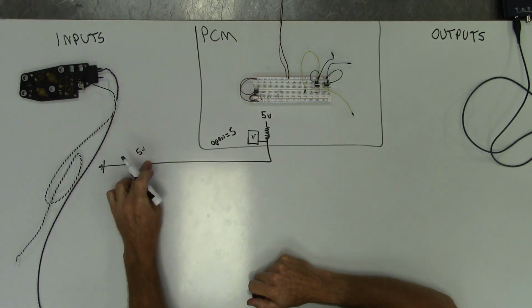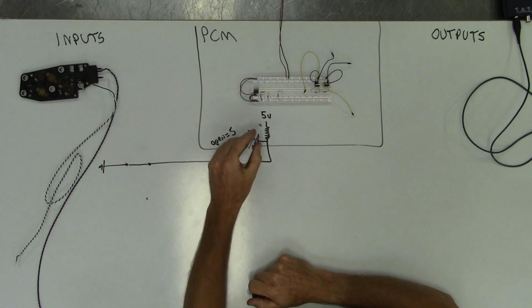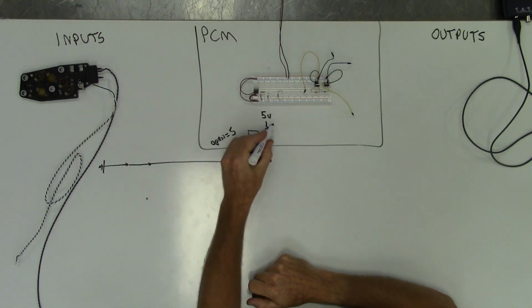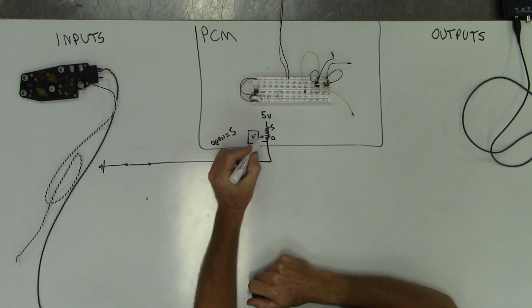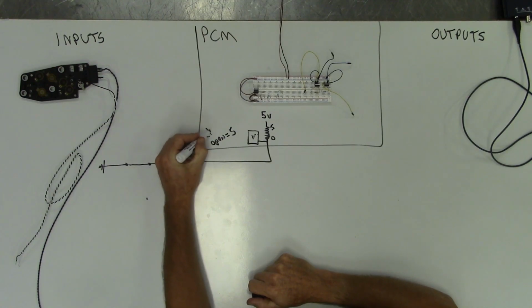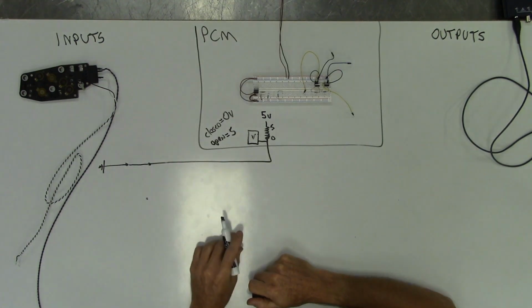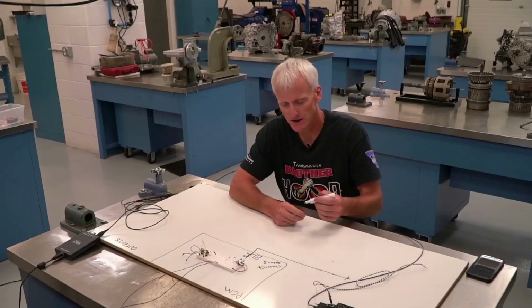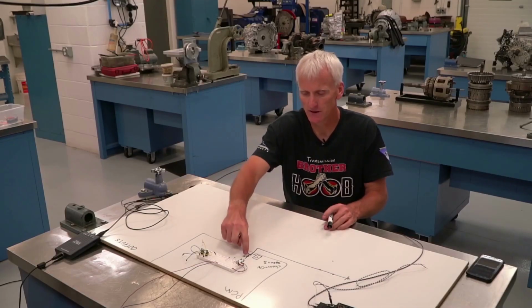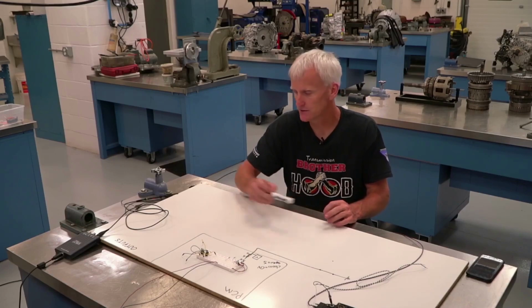Now let's say the switch closes. I've got a path to ground now, so the resistor is going to drop all the voltage. It's going to go from 5 to 0, so closed equals 0 volts. And it's all done through that switch. So the switch provides a ground, and we drop that voltage across that resistor.